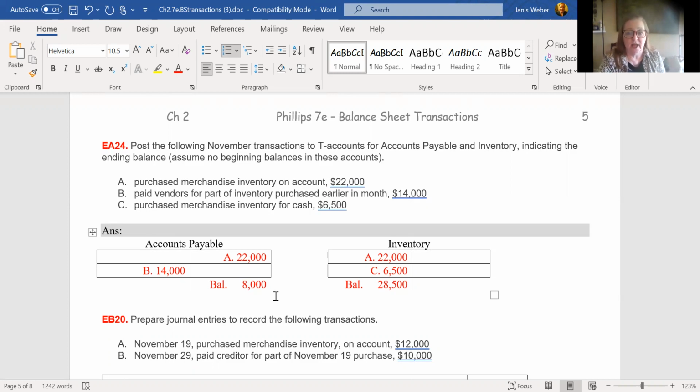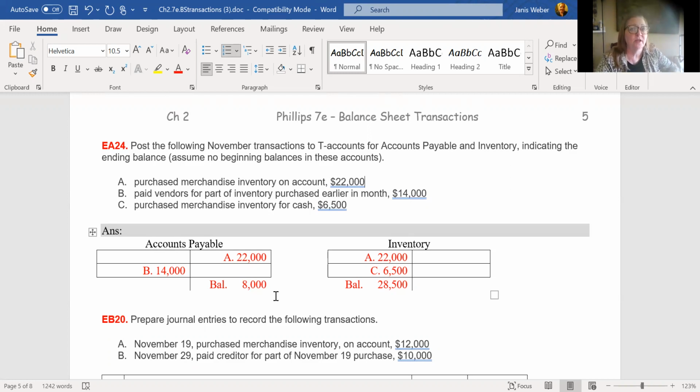And then the inventory account had 2 entries of purchasing inventory. Both of them were debits, a $22,000 debit and a $6,500 debit, for a total inventory investment that we have now of $28,500. So what you're doing is you're just getting used to how to tally up the ending balance of these T accounts, because it's just recording every transaction that happened regarding that account.